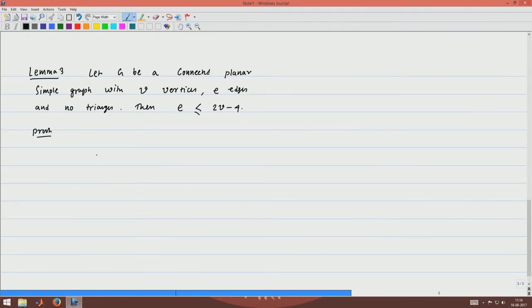Okay, so, the proof for this one: since G is simple and triangle free, you do not have a face like this in the graph. So, every face, and it is simple also, right. So, you do not have a face like this also.